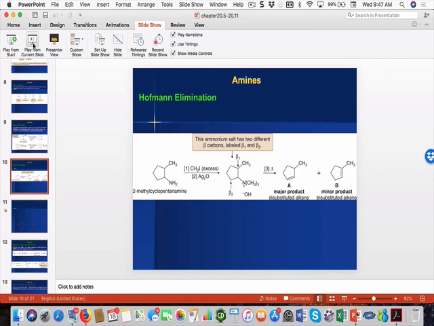So how can I take an ester and get an alcohol? I could reduce it. You're absolutely right. I could reduce this with lithium aluminum hydride, and I could get the alcohol. That's pretty dangerous. There's an easier way to do it. What were you going to say, Ahmed?